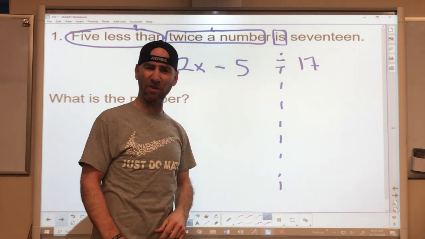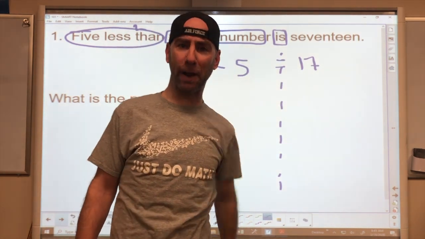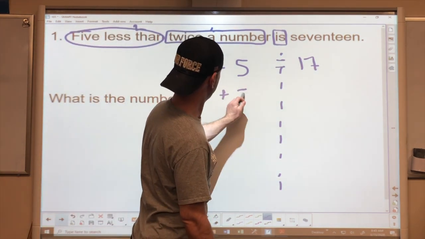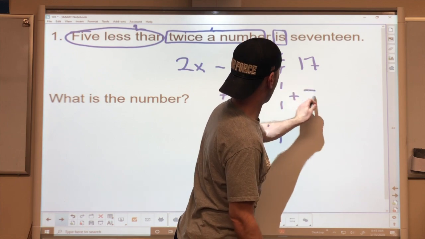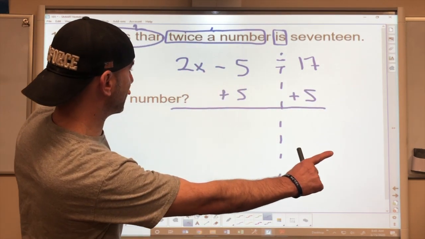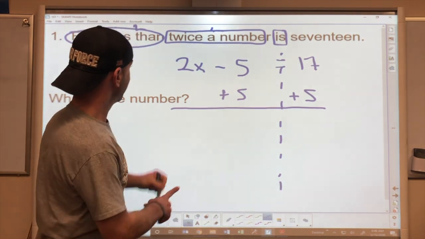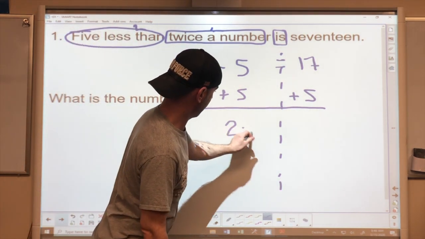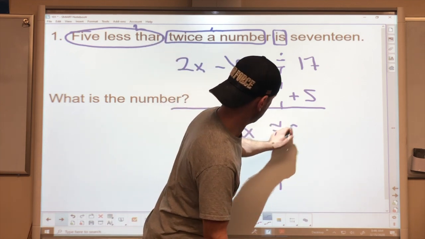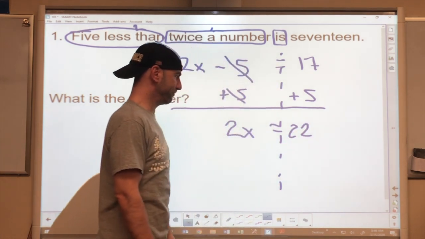You guys have come so far with solving equations. Champions. Here we go. Add 5 to both sides of the equation. Add 5. Add 5. Don't forget to do it like I'm doing it because it's helpful. 2x comes down. The 5s are gone. This equals 22.